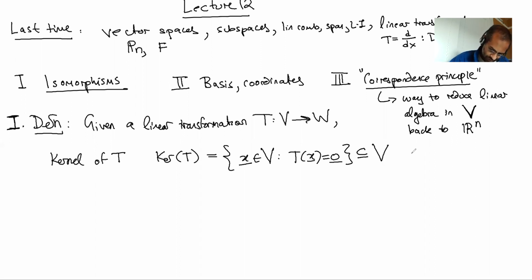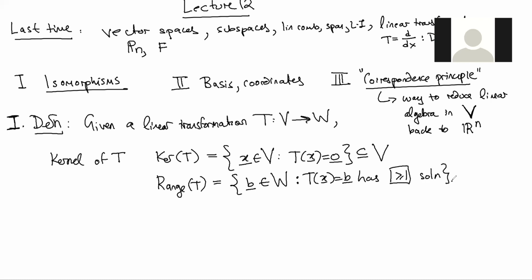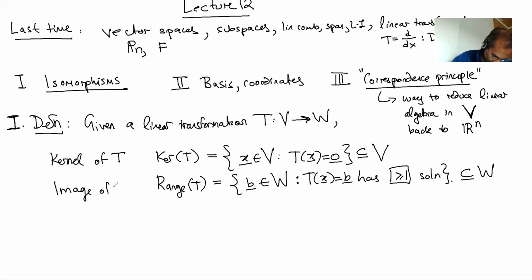And then the range of T, again almost the same definition: it's the set of all vectors in the codomain so that T of x equals b has at least one solution. So it's not really a new concept. It's the same concept in a slightly more general setting. This is called the image of T. And these are both subspaces.